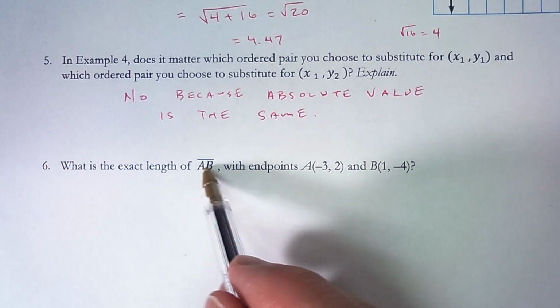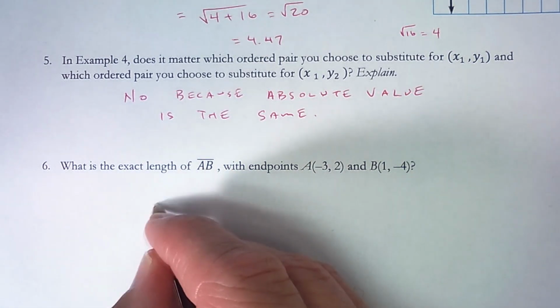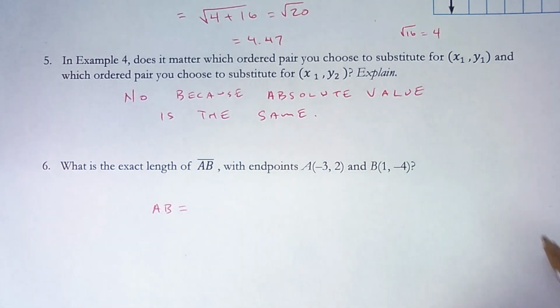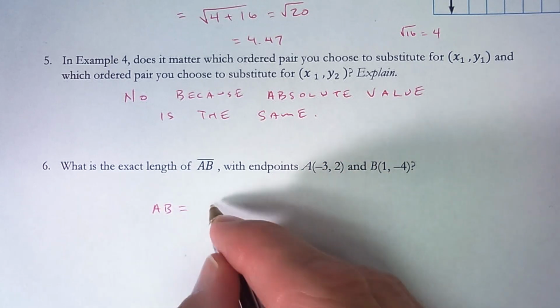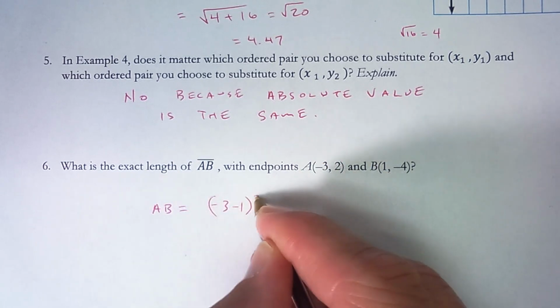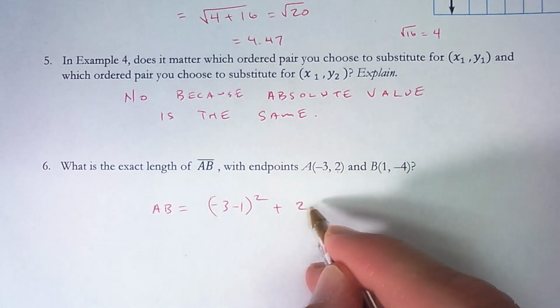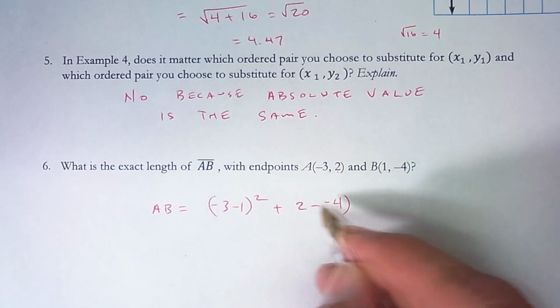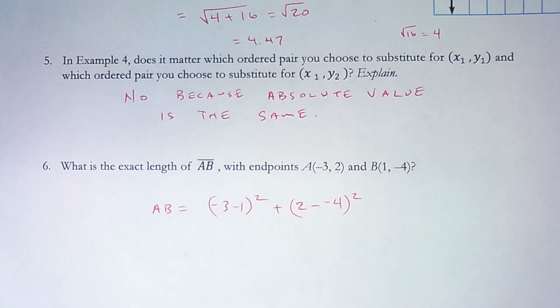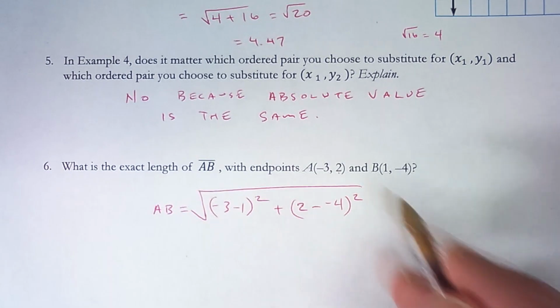Okay, the exact length of segment AB. So the length of segment AB is x minus x, negative 3 minus 1 squared, plus y minus y, 2 minus negative 4 squared, all under a square root.